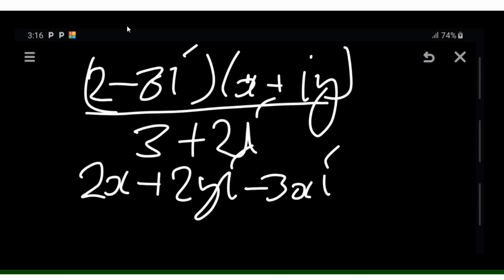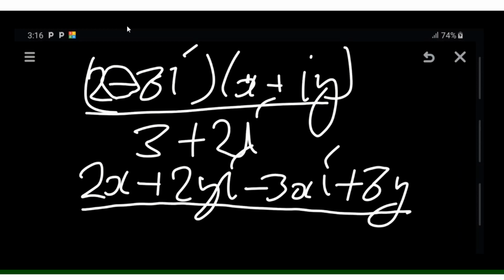I'm having a negative times negative, positive, plus 3y. A negative times negative, where is that coming from? I'm getting this negative here, and when you multiply i times i, it is negative 1. So the negative is getting positive. So I'm having that equation there over 3 plus 2i.